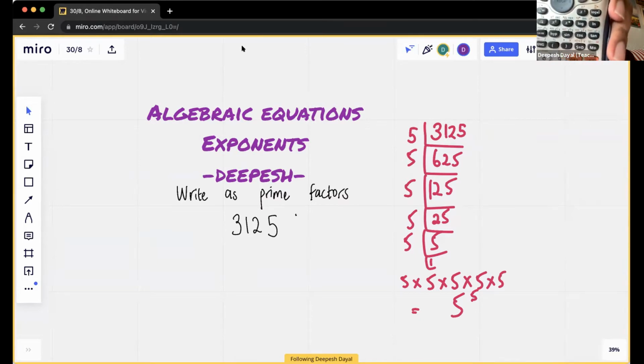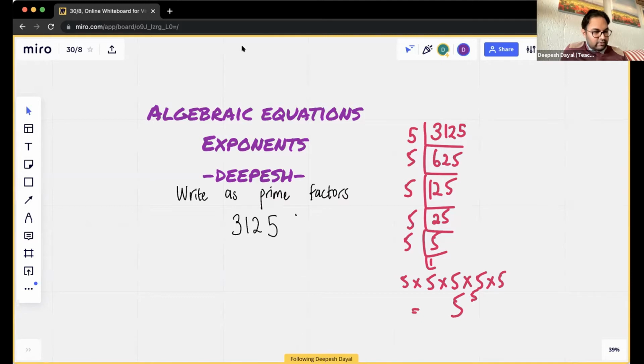It should say FACT above it. Does your calculator show you 5 to the power 5? Please scream out yes if it does. Yes.